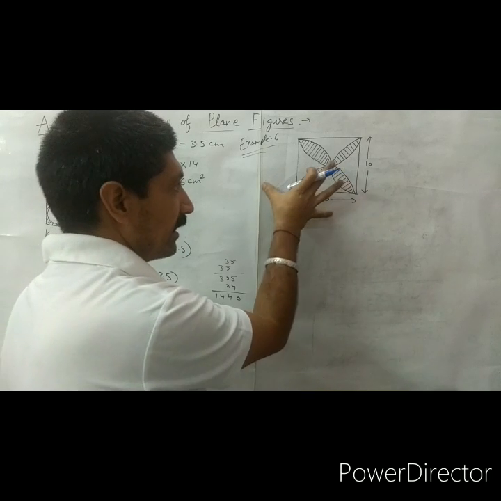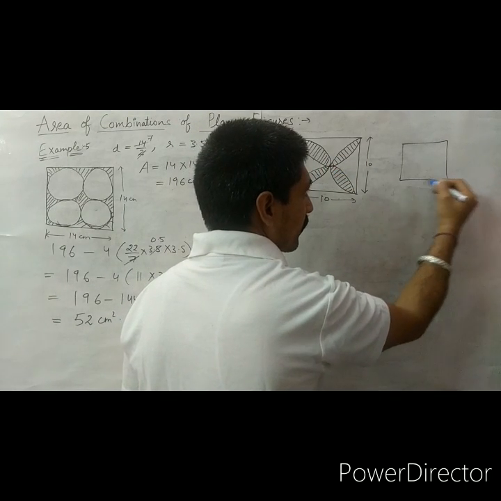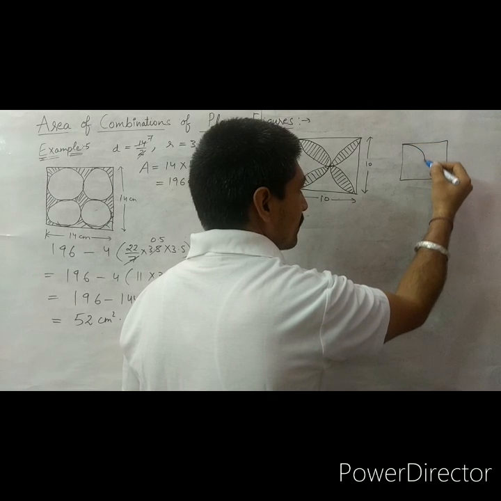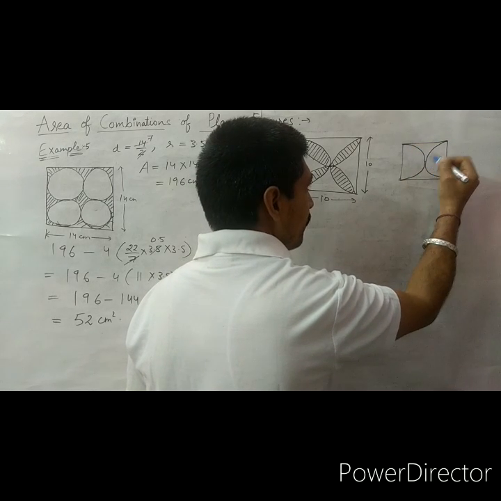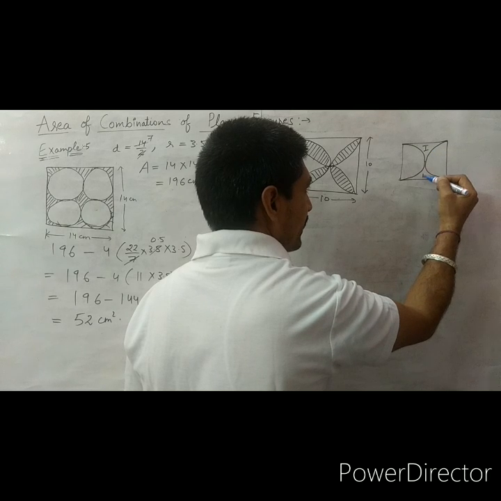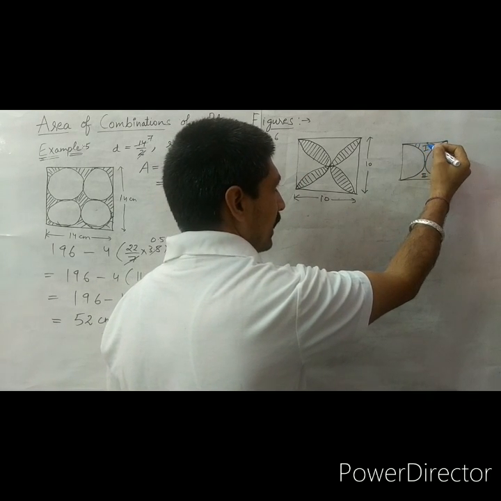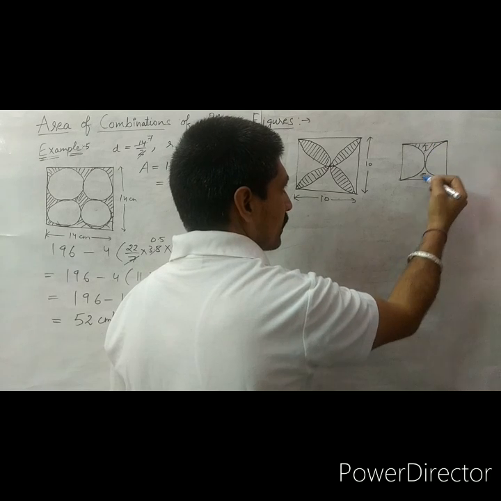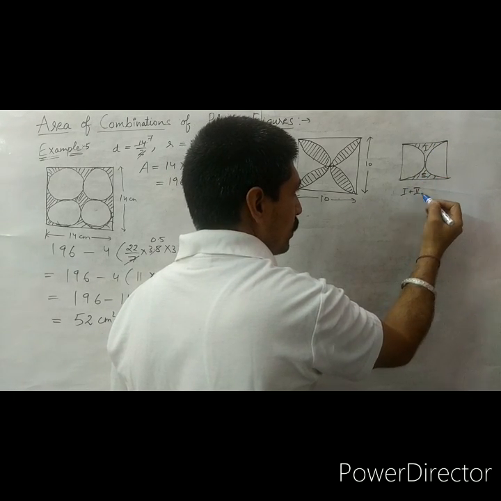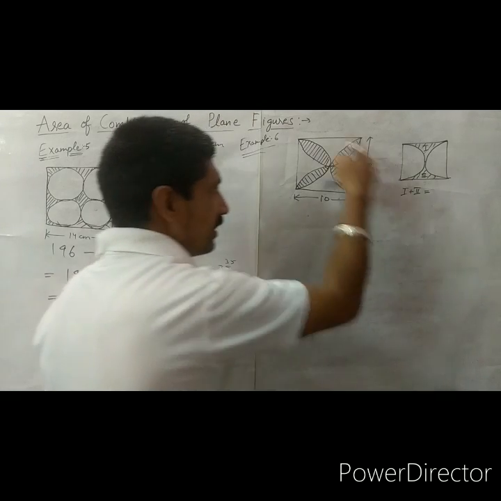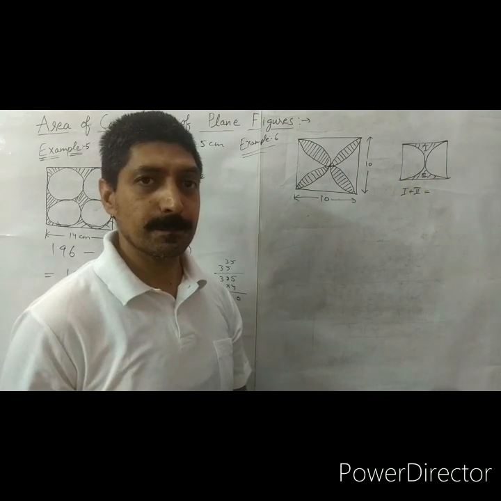Now to find the area, let me give a hint. If this is the square and this is the semicircle, so we can find area 1, area 2. Area 1, area 2 means this shaded area. Area 1 plus area 2 is equal to area of the complete square minus area of the semicircle.